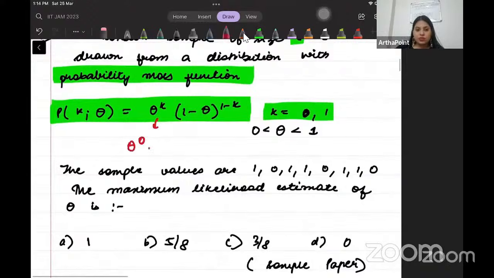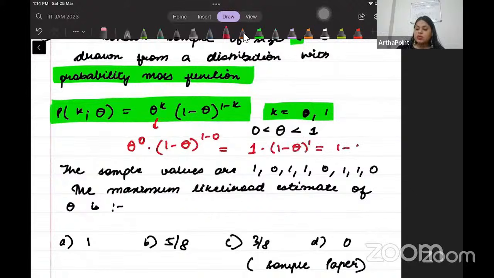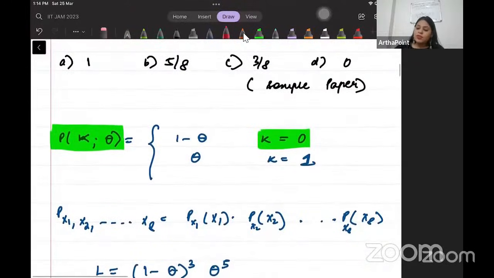Theta to the power 0, 1 minus theta to the power 1 minus 0. Anything to the power 0 is 1, into 1 minus theta to the power 1. So this will be 1 minus theta. So if K is 0, the PMF takes the value 1 minus theta, right?